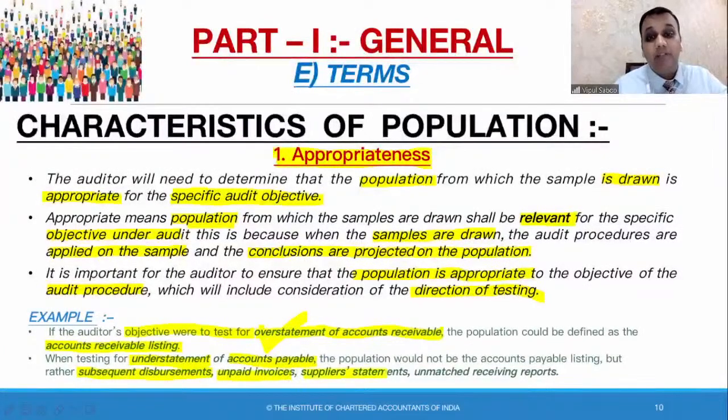Supplier statements, which I get on a periodical basis, unmatched receiving reports, the material received, the payments received, the payments given. These are the kinds of accounts which would form my population, rather than the accounts payable listing. That will not be a part of my population.